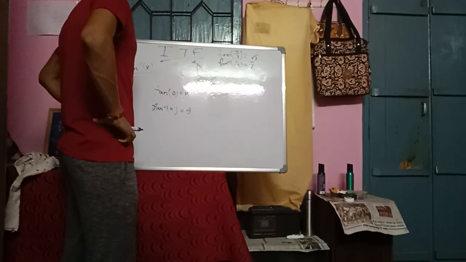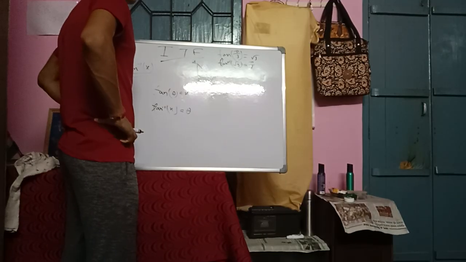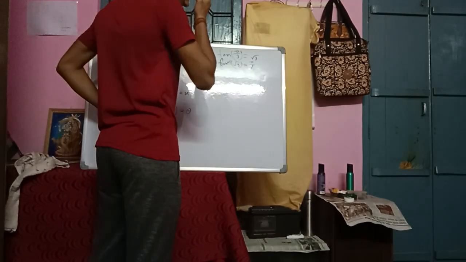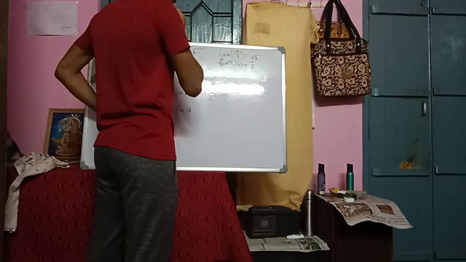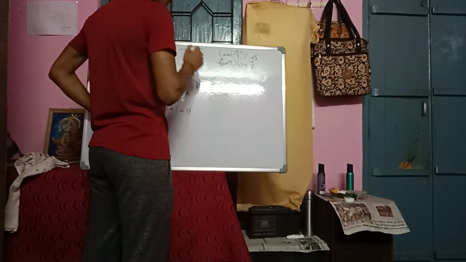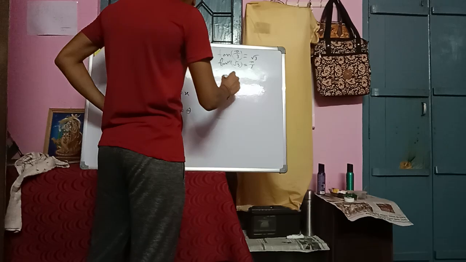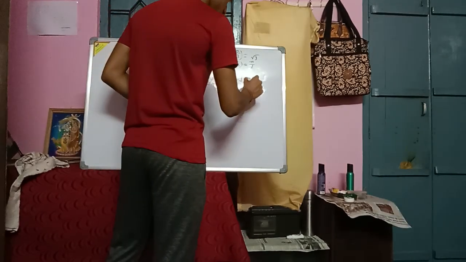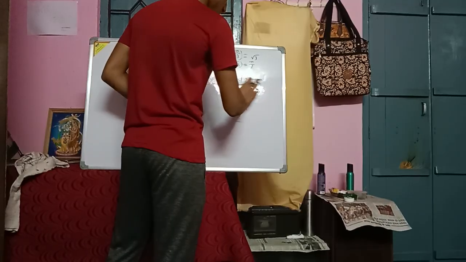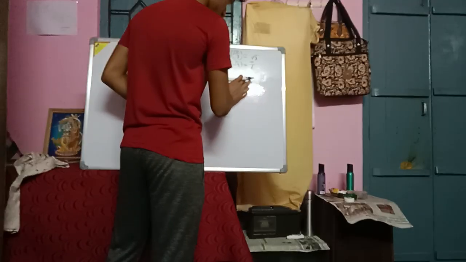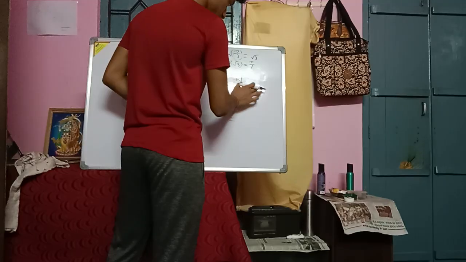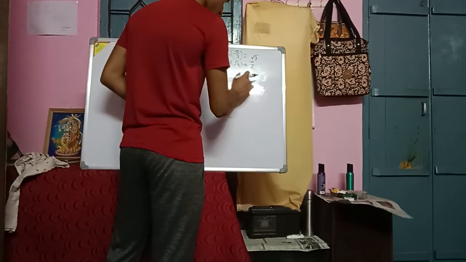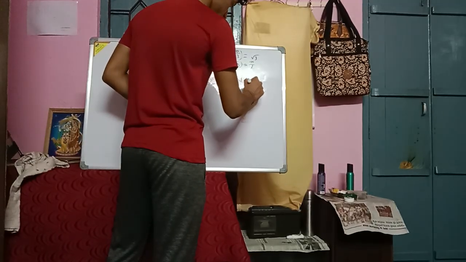Another example of which can be tan 240 degrees, or tan 4 pi over 3.